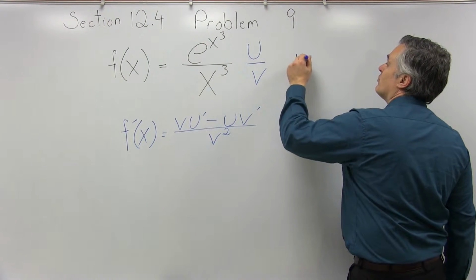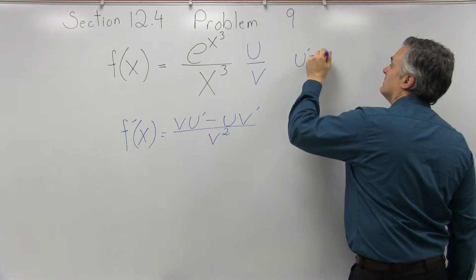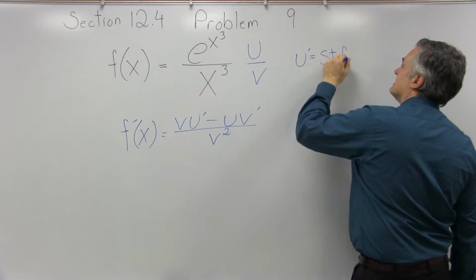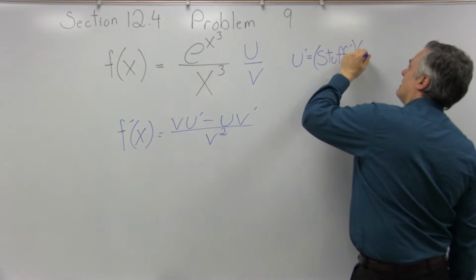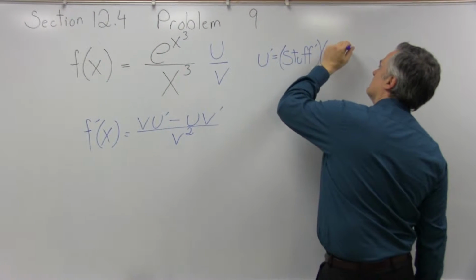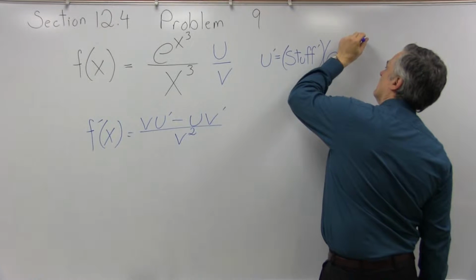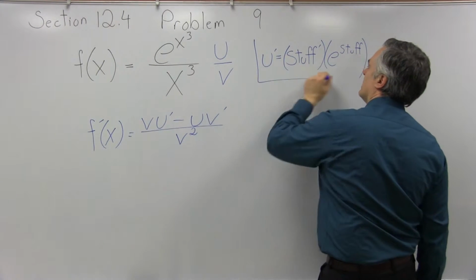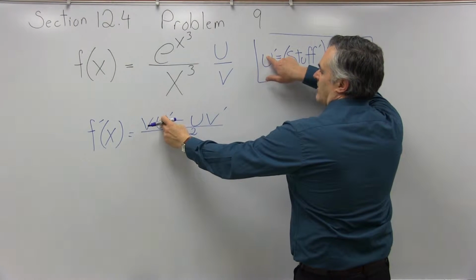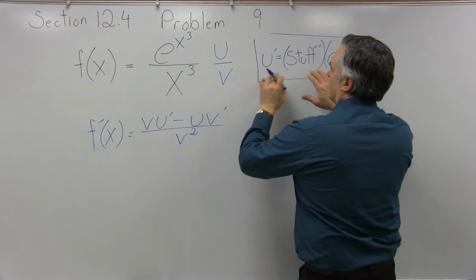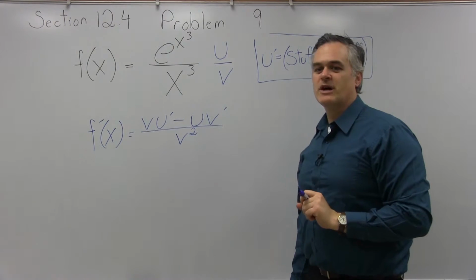So u prime will be stuff prime times e to some stuff. I'll just keep that handy. I'll put that in a box. When I work out the u prime part of my formula, I'll have to remember that's what I need to do to find u prime.